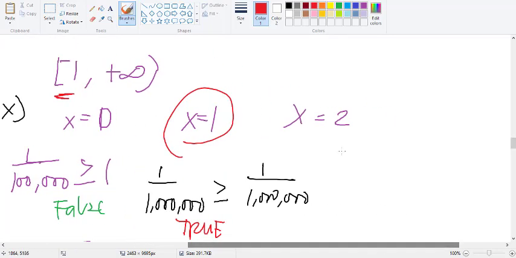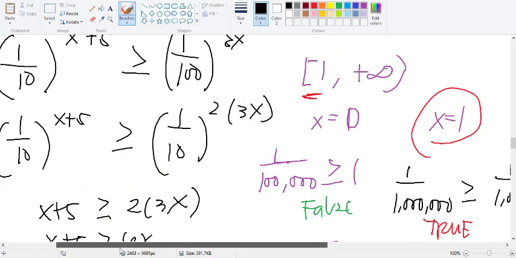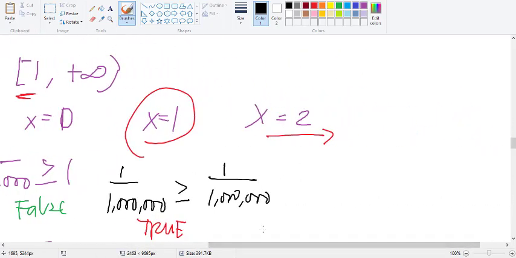Now, let's try x is equal to 2. So, 2 plus 5 is 7. So, 1 over 10 raised to 7 is 1 over 10 million.